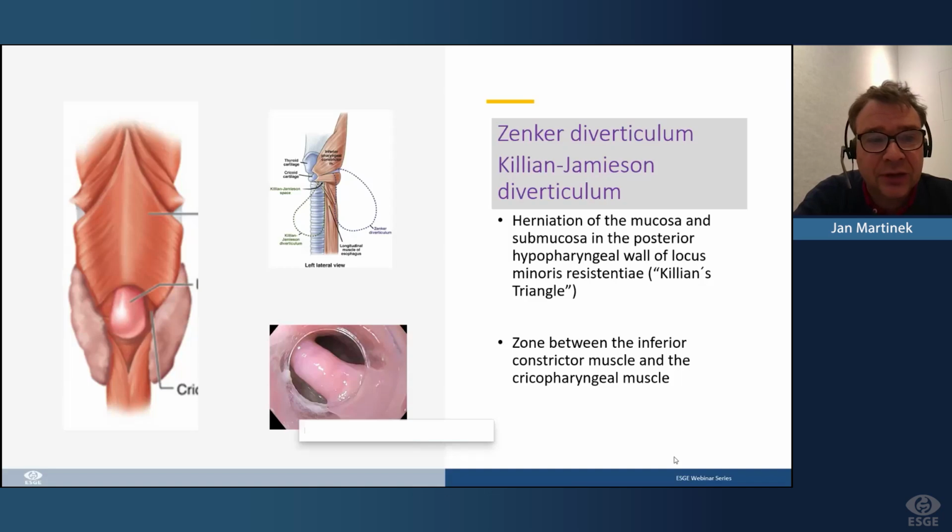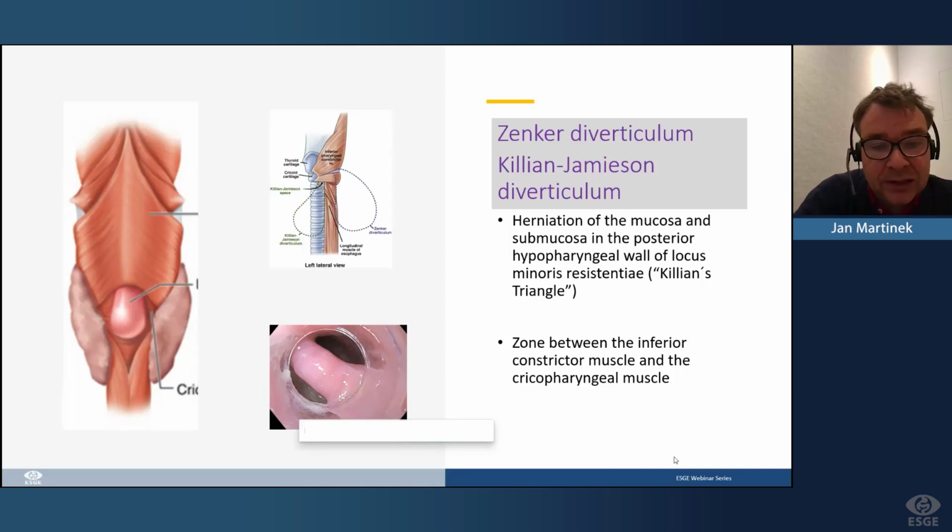So Zenker's Diverticulum is a herniation of the mucosa and submucosa, so there's no muscle layer, in the posterior wall of the hypopharynx or upper esophagus in a site called Killian's triangle. And this site is between the cricopharyngeal muscle and the lower constrictor muscle.